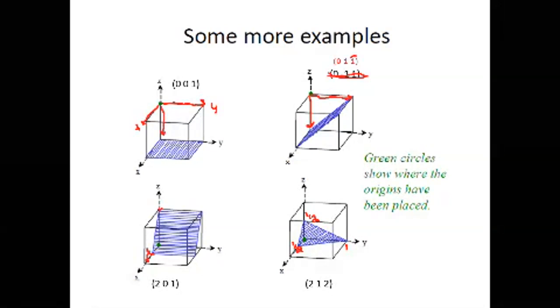So if you take this plane and move it a little bit up or a little bit down, you would notice that it would never cross the X or Y axis.